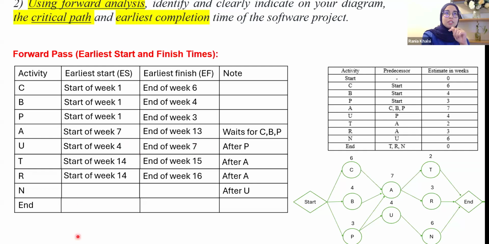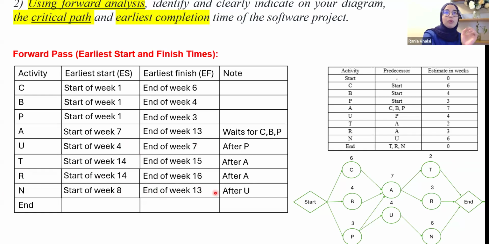So next we have the start of week 8. Activity N's earliest start is the start of week 8. It takes 6 weeks, so the earliest finish is the end of week 13.